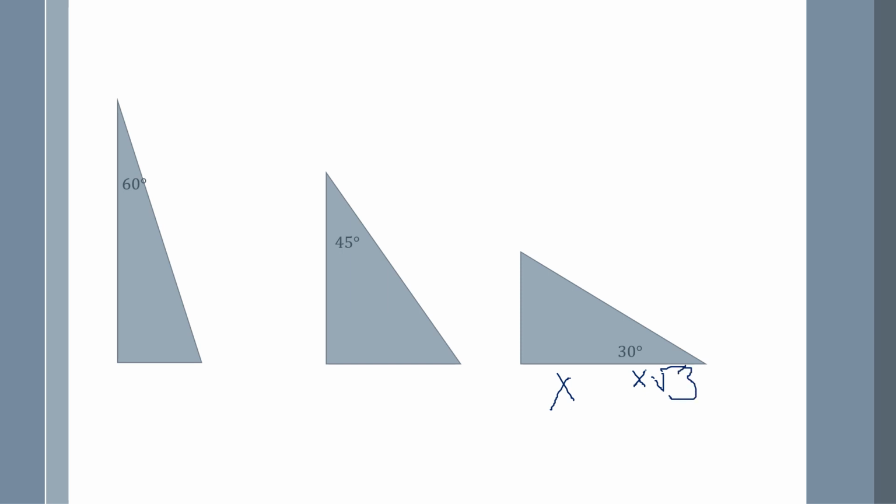The short leg is going to be on the y-axis, and the hypotenuse, r, is twice the short leg.